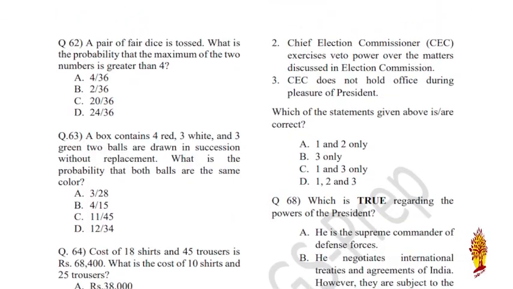Next one, 62nd. A pair of dice is tossed. What is the probability that maximum of two numbers is greater than 4? Here total outcomes when two dice are tossed is 6 into 6, 36. Then what is the favorable outcome here?